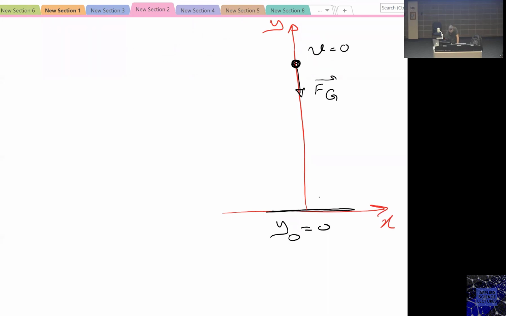And I know that the speed here, so let me call this one point A, and here point B. So I don't know VB, but what I know is that VA is 0.